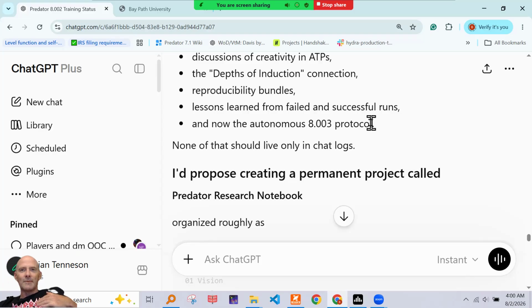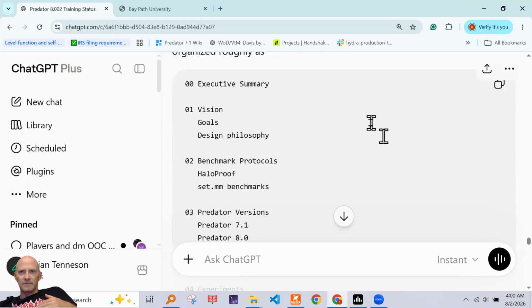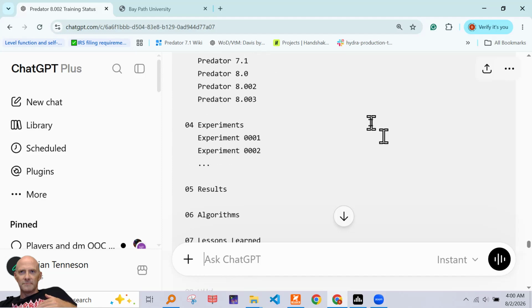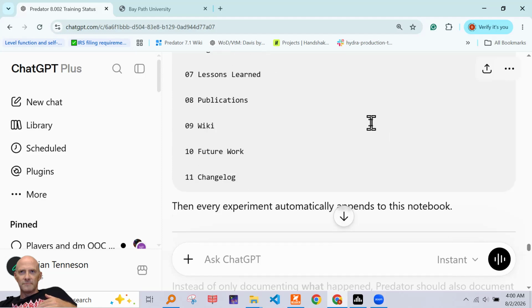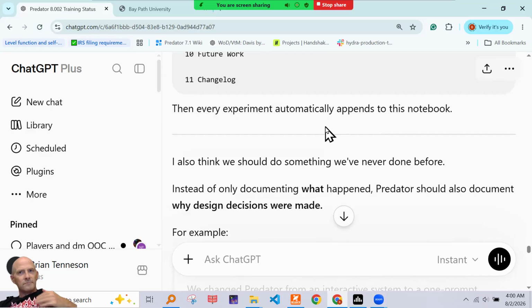I'm the one who came up with the name Predator. Predator is the name of the automated theorem prover. Predator Research Notebook, organized roughly as, blah, blah, blah. Halo proof.